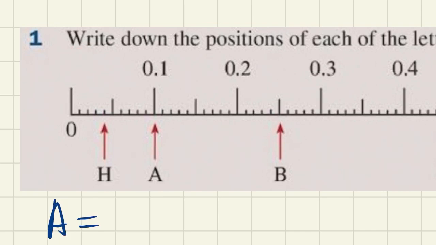So what do we have? Here we have 10 parts again, right? We can count it just to check: 1, 2, 3, 4, 5, 6, 7, 8, 9, 10. So what happens if we have to get from 0 to 0.1 in 10 steps?